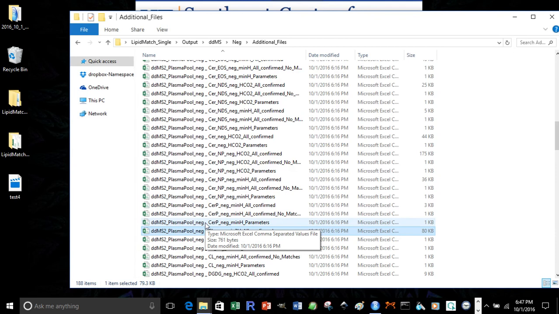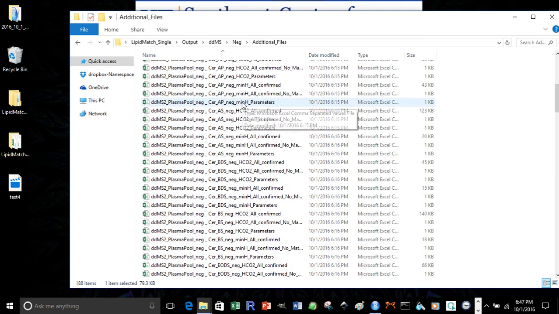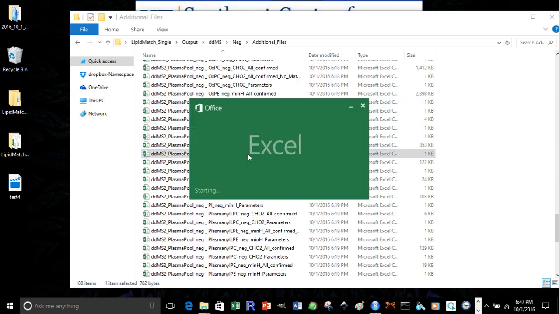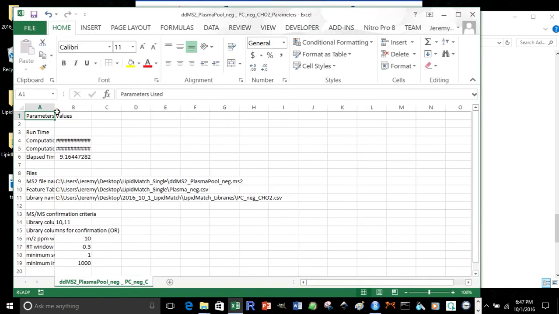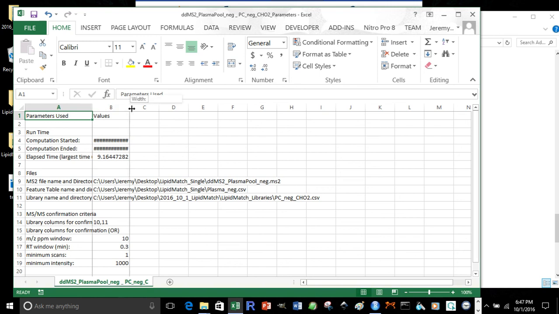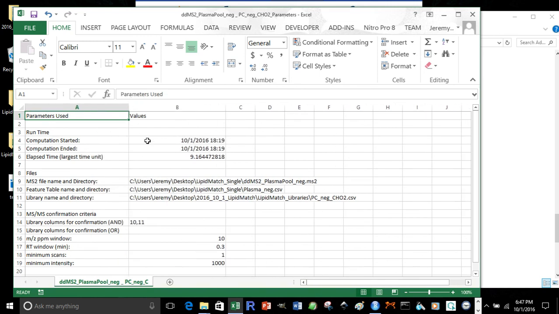Finally, one file that's important to look at is the parameters. So let's say we're looking at our PC as the formate adduct, and we wanted to see what parameters we used. Some of the parameters are universal, others are not.